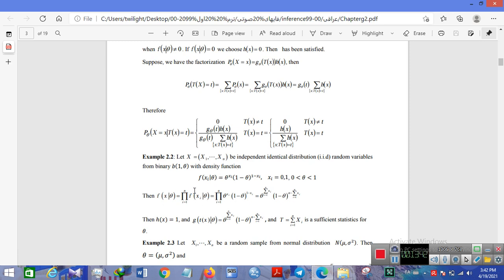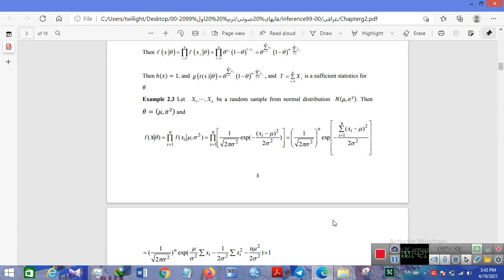If we replace f(xi) by this, we find this product, and you have that. So we can take h(x) equal 1 and g(T(x), theta) equal that, where T equals the summation of xi, i from 1 to n, is a sufficient statistic for theta.